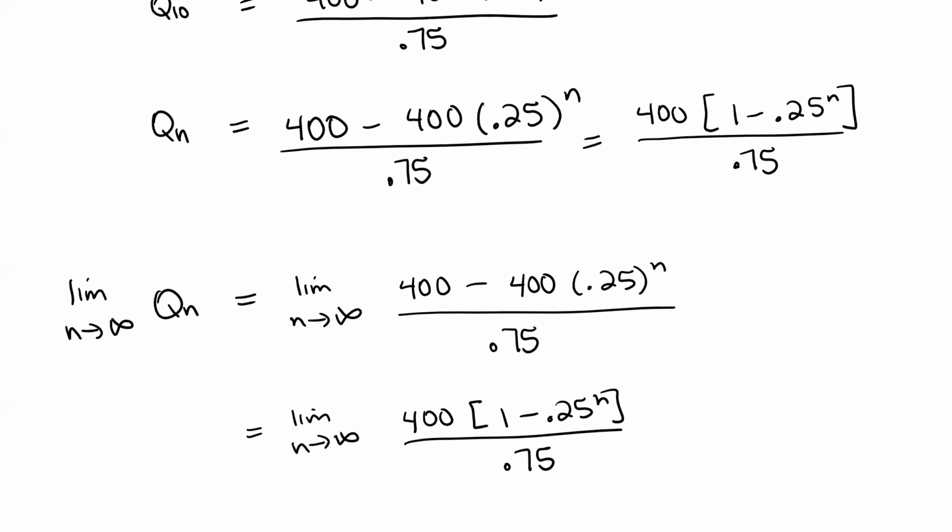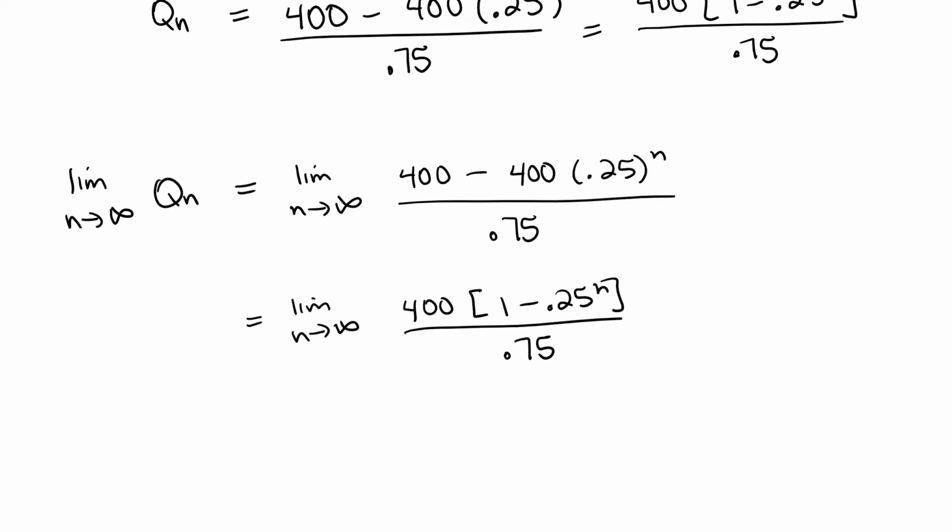So evaluating this limit gives us 400 times 1 minus 0, and then divide by 0.75.